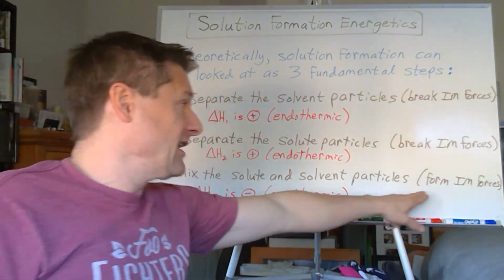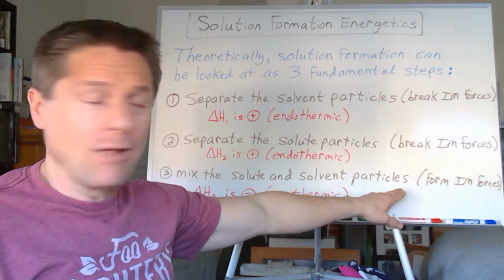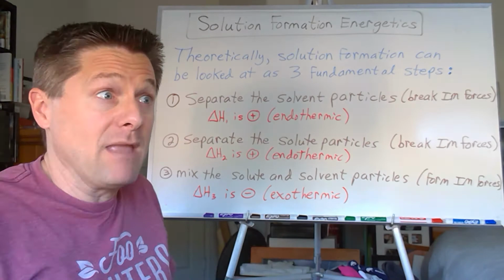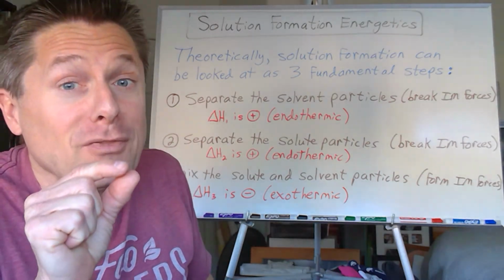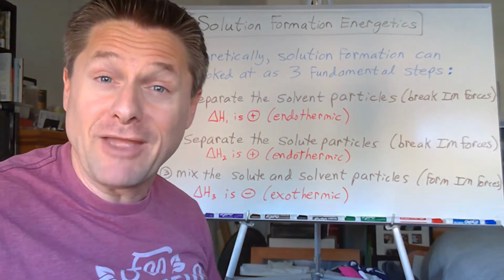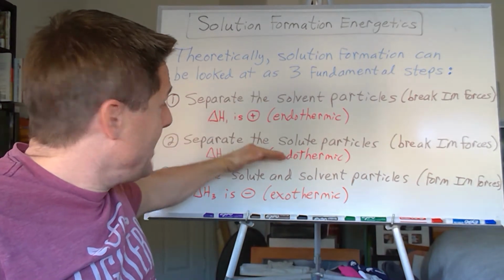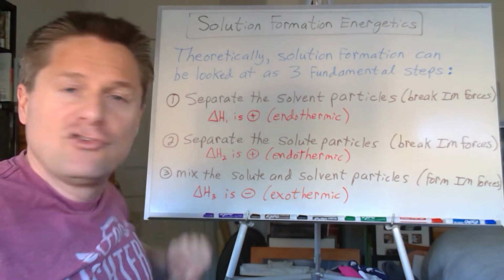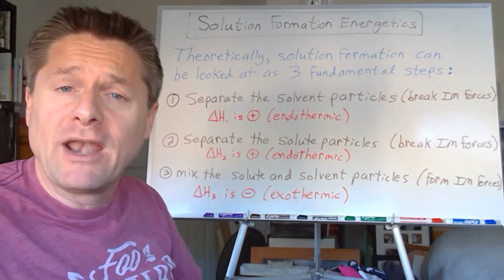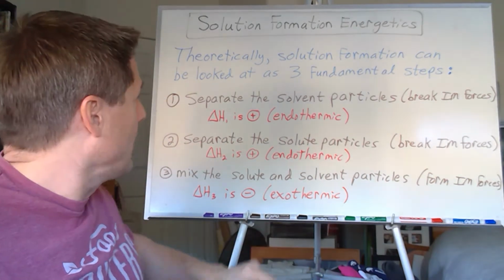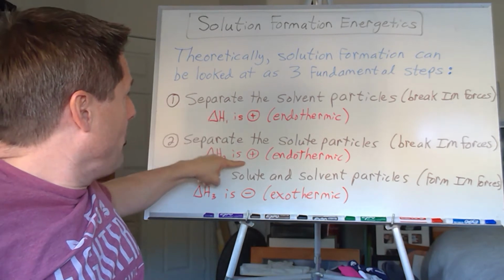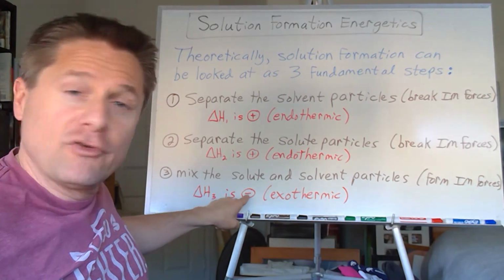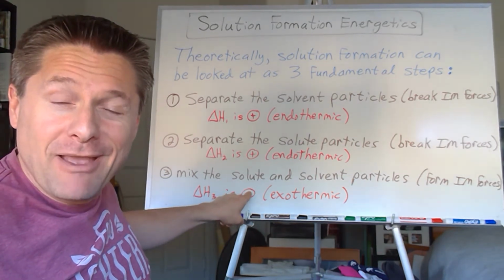So regardless, we're going to mix the solute and solvent particles. You're forming intermolecular forces, so that's going to be an exothermic process. It may be a very tiny exothermic thing or a very large exothermic thing if they like each other. The overall process will just be delta H1 plus delta H2 plus delta H3. We'll look at that in 4 scenarios, which cover how big the 2 positive endothermic steps are versus how big that negative exothermic step is.